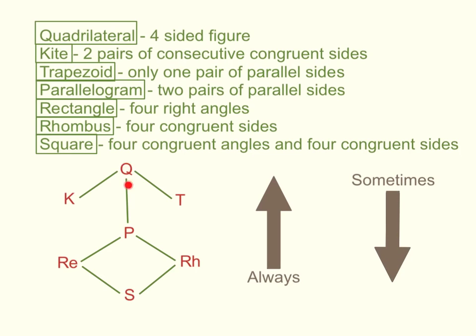Some quadrilaterals are parallelograms. The only quadrilaterals that are parallelograms are the quadrilaterals with two pairs of parallel sides. Quadrilaterals are sometimes rectangles. The only quadrilaterals that are rectangles are the quadrilaterals that have four right angles.